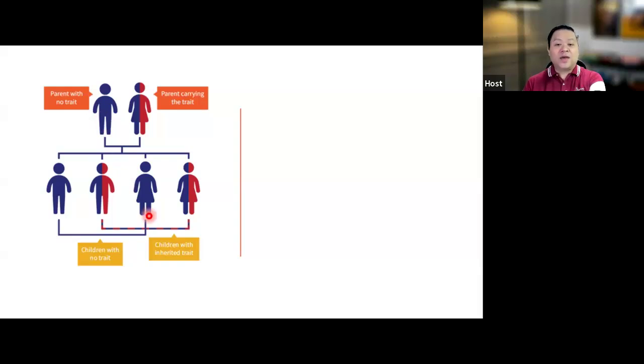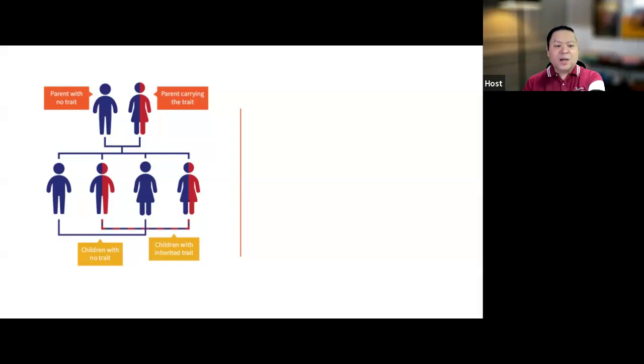And so the daughter would not be having any of the trait. However, though, you will see here that the second daughter will inherit one normal gene, the X chromosome from the father, and one defective X chromosome from the mother. And so she's going to be a carrier and will have the sickle cell trait.